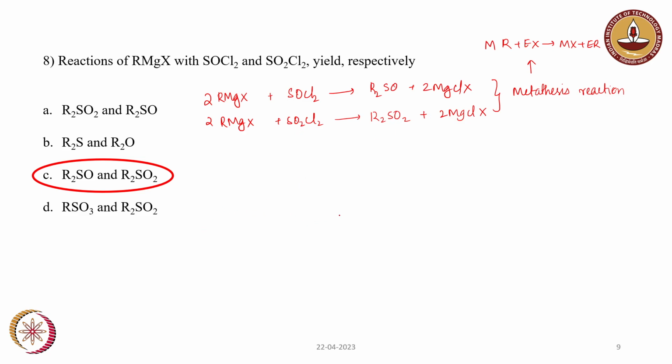And other reactions of Grignard reagent are: with acid it forms alkanes.